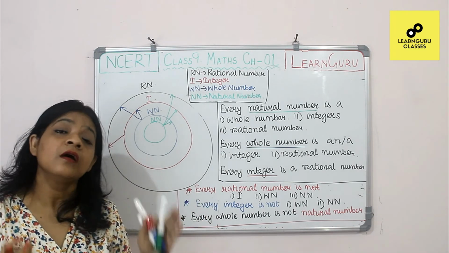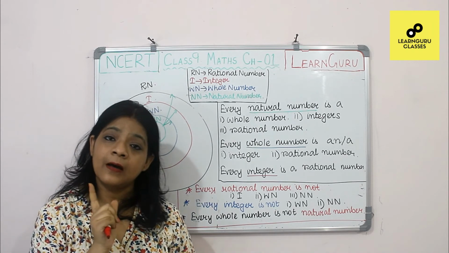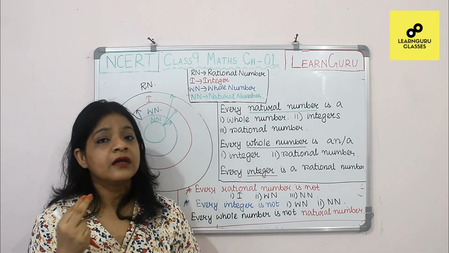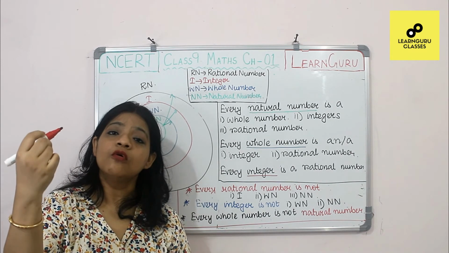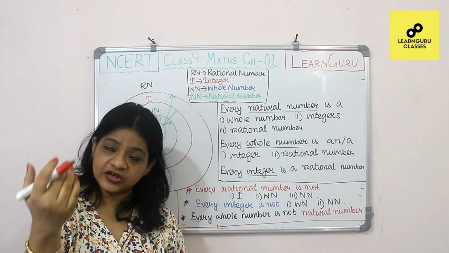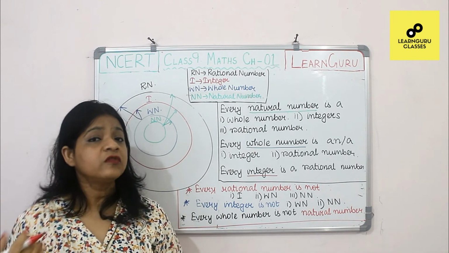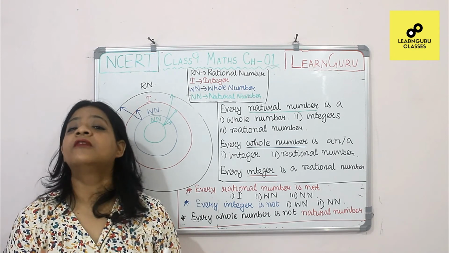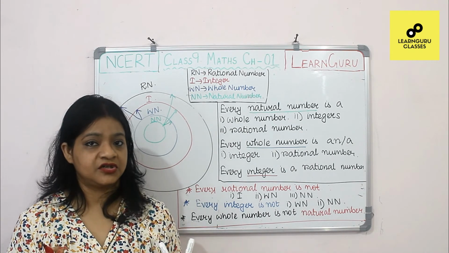So this is the thing that you should remember. Rational number is the biggest circle, natural number is the smallest circle. You can move from smaller circle to bigger circle, but the reverse is not allowed. This is the convention.